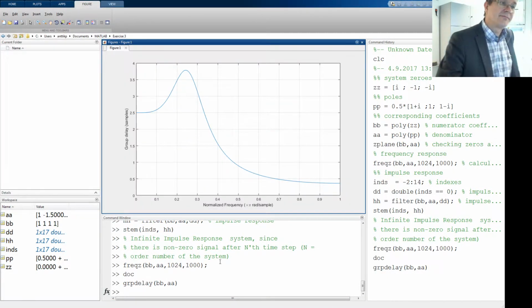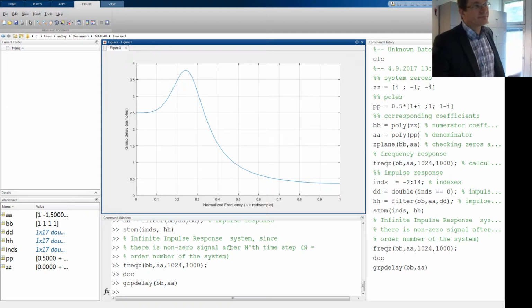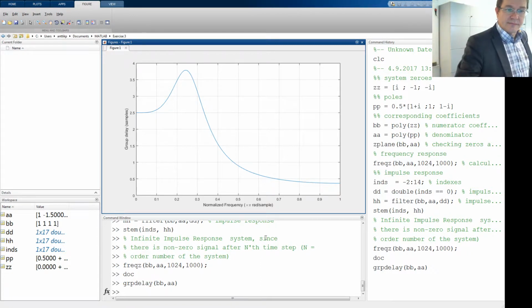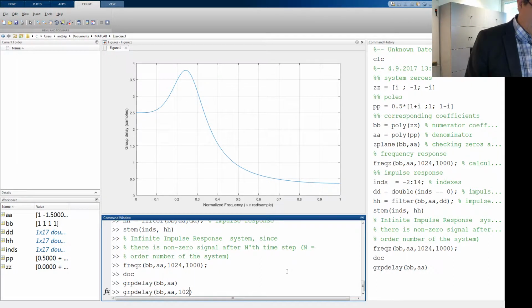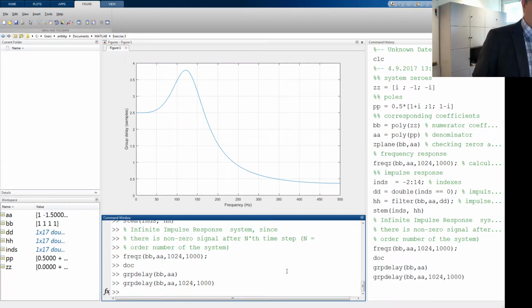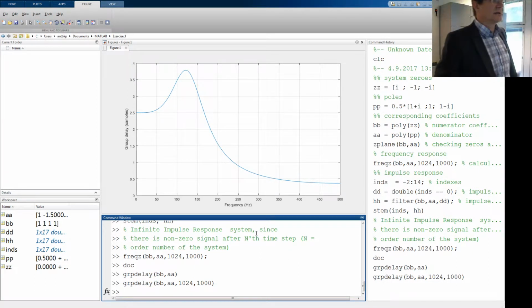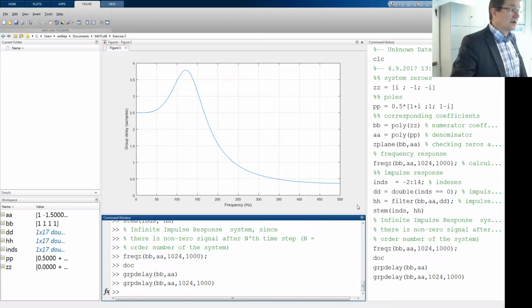Yes. That's a group delay. Normalized frequency, so that's the sampling rate over 2. Just a guess, but that actually might be. If you put that number of points and then the sampling rate, you get the physical frequency here.